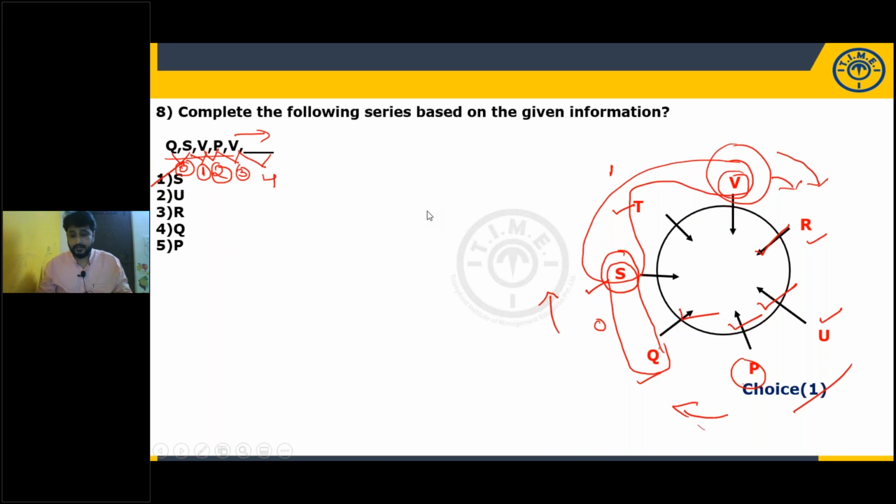Let's move to the fourth set. And before moving to the fourth set, in linear arrangement, we discussed, I told 3 models that are expected in the exam. In circular arrangement, 2 models are expected.